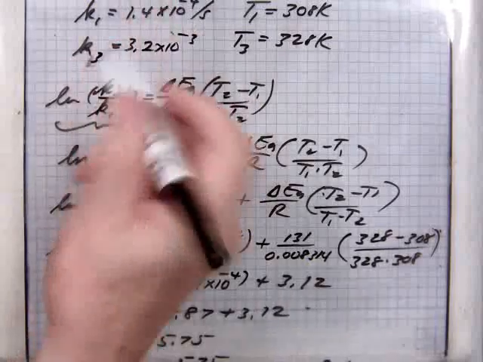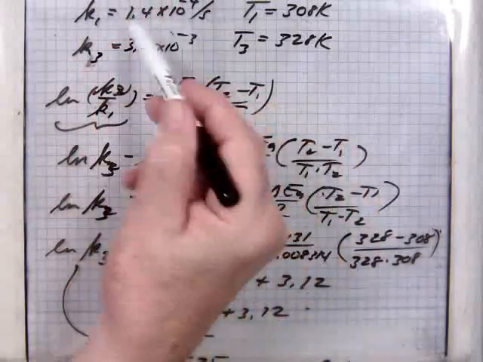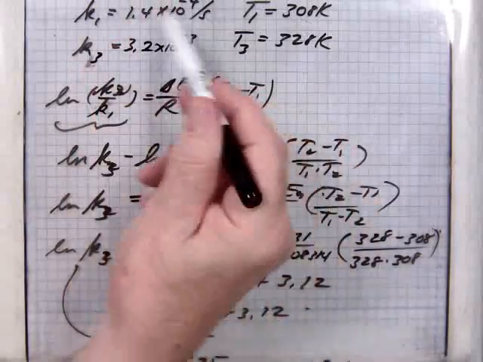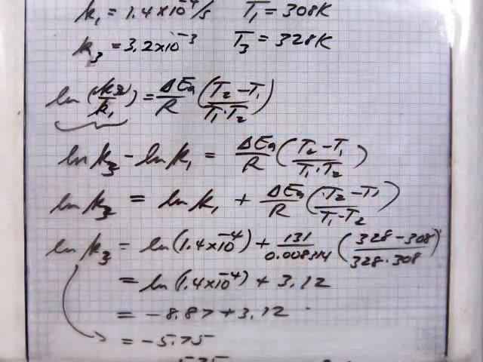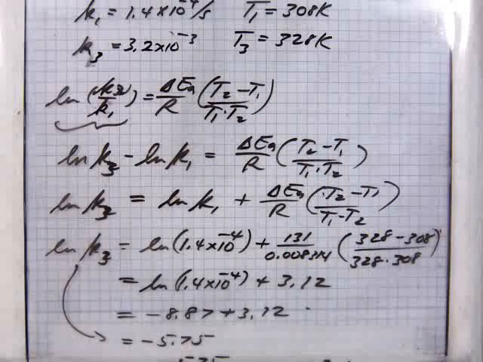So if you're at 308, you have this rate, which is smaller than this rate. So it increases by whatever the ratio is. Let me see how much it jumps. 1.4. Jumps 22 times.